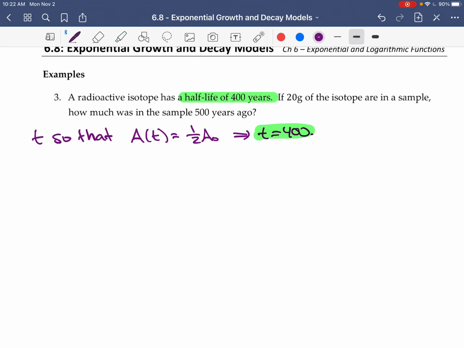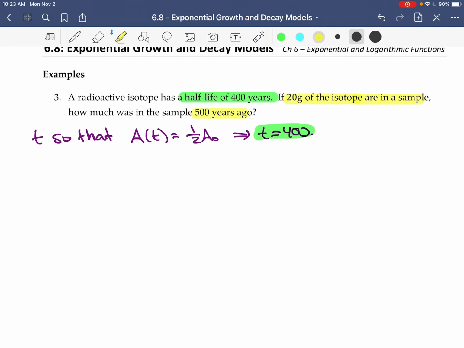Now if 20 grams of the isotope are in a sample, how much was in the sample 500 years ago? So what they've given us, let me highlight that as well, is that 20 grams are in the sample now.